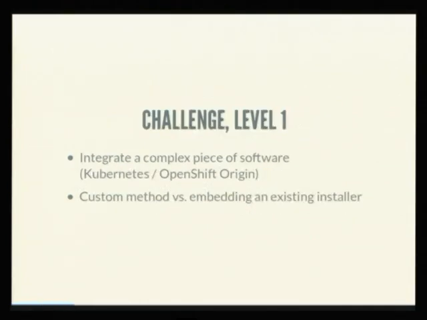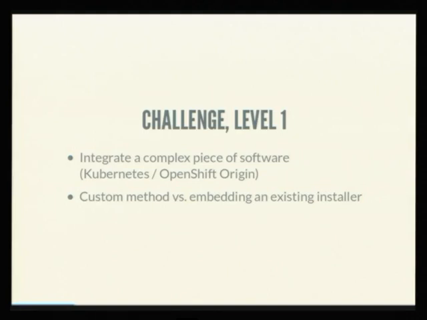The first challenge that we talked about in the team was that we're integrating a complex piece of software, so should we use a custom method that we already have implemented in TripleO? Because we are an OpenStack installer, we have a custom method for deploying software.